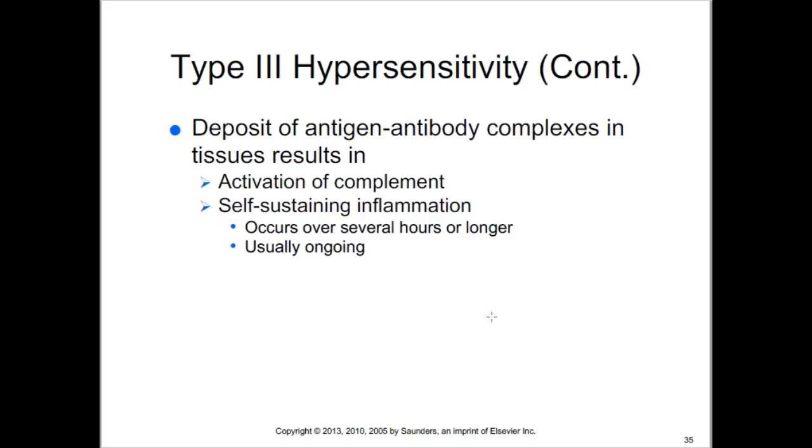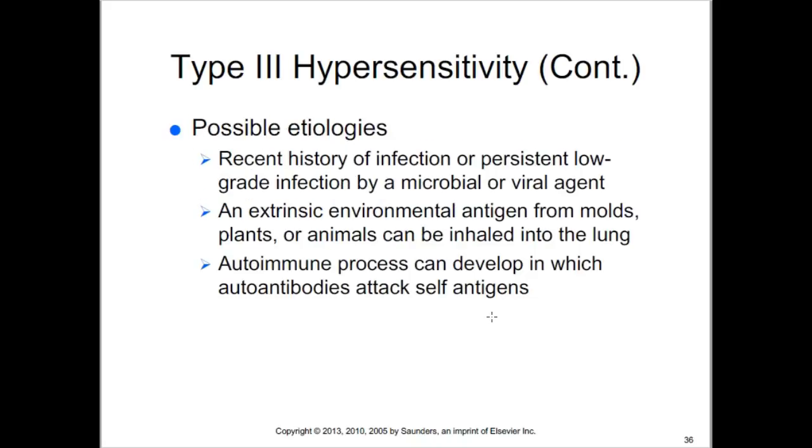By activating complement, you're going to have a lot of cells dying, because that's basically what complement does: it degranulates and kills cells. Lupus is an example of a type 3 hypersensitivity reaction, as is serum sickness. You might see some drug-induced vasculitis as well.